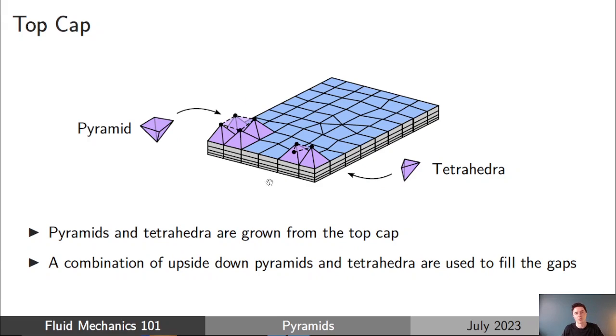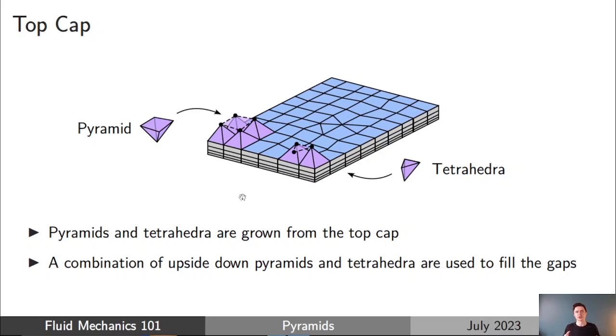Of course, when we grow pyramids and tetrahedra from the top cap, there are going to be some gaps between those cells. The mesh generator will fill in those gaps, and an easy way to do that is to use upside down pyramids and upside down tetrahedral cells to fill the gaps between the pyramids and also between the pyramid faces and the wall, for example.